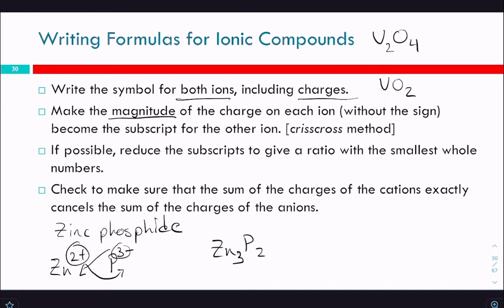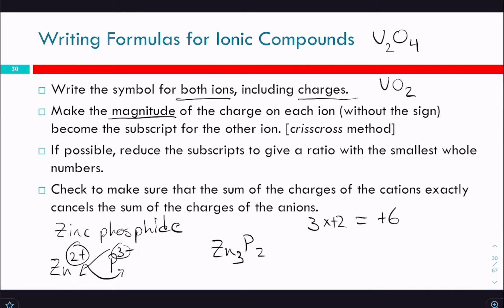And you want to check to make sure that the sum of the charges of the cations, the ones with the positive charge, exactly cancels the sum of the charges of the anions, so that it equals 0. So we have 3 zinc ions, and they have a +2 charge each, so it's going to be +6.